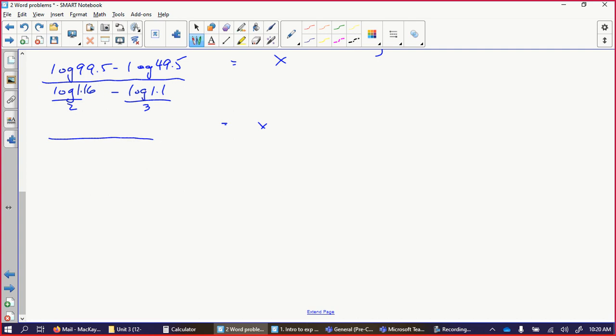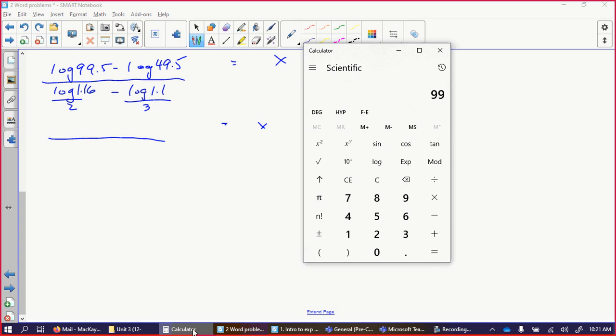Let's do the numerator. We'll pull up our handy dandy calculator. 99.5 log minus log 1.69461. Oops.